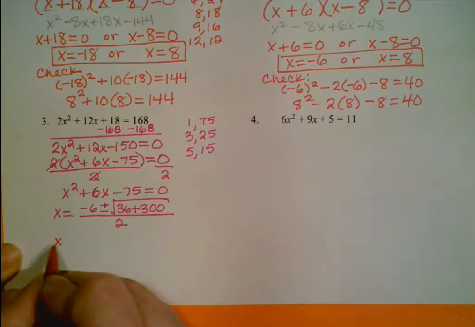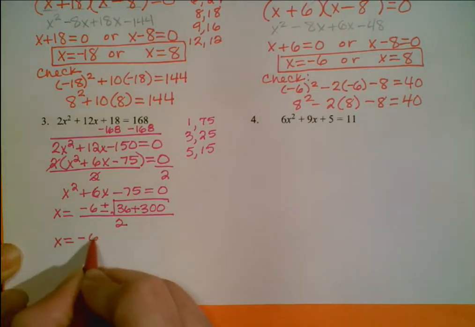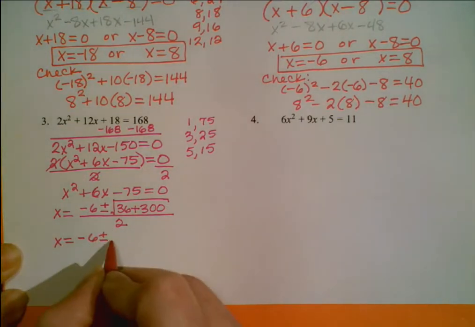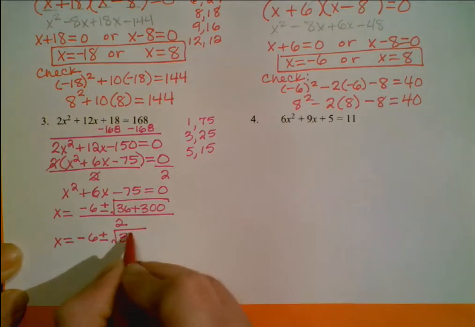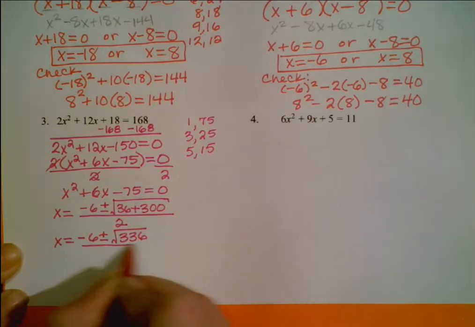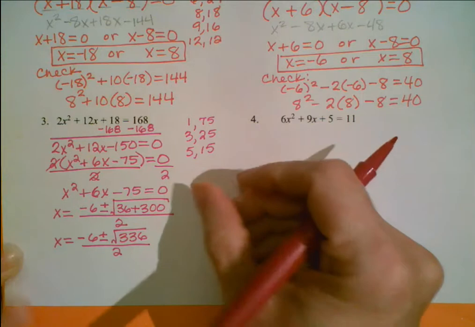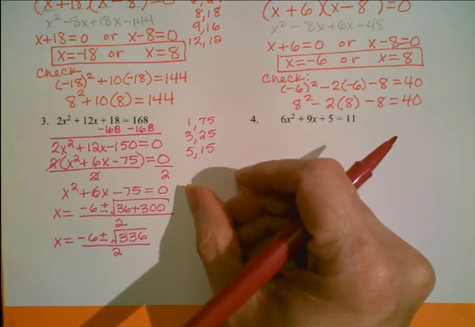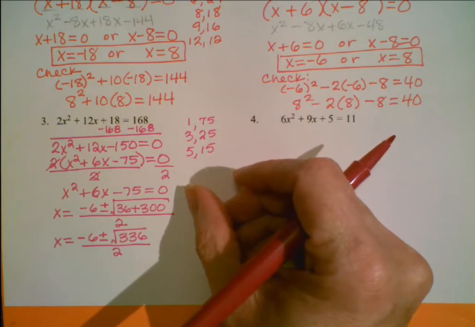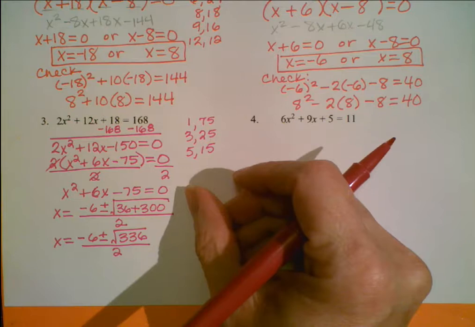All right, now we need to simplify what we can in the square root. So 36 plus 300 is the square root of 336. This is an instance where simplifying the square root is an absolute necessity. So let's see, 336 is divisible by, is it divisible by 16? I'm looking for a perfect square that it's divisible by.